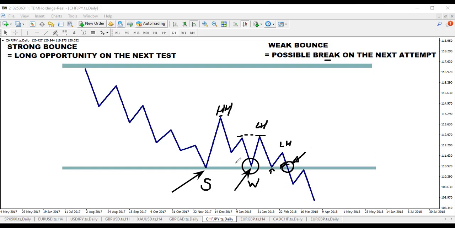So if the market bounces from the support but ends up making lower highs, this tells you that people trying to buy have no momentum, have no strength. And most of the time, the market tends to break to the downside, right? So that's how we identify support and resistance.